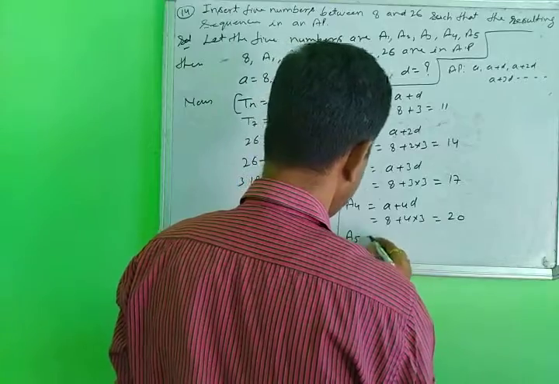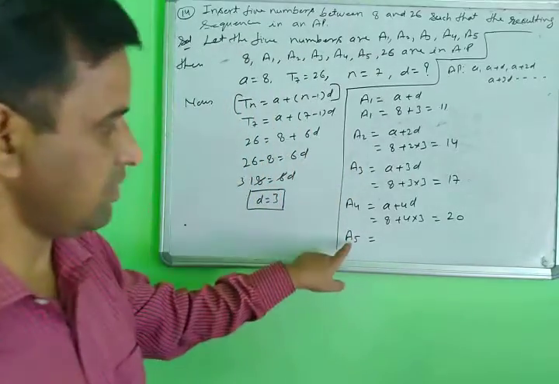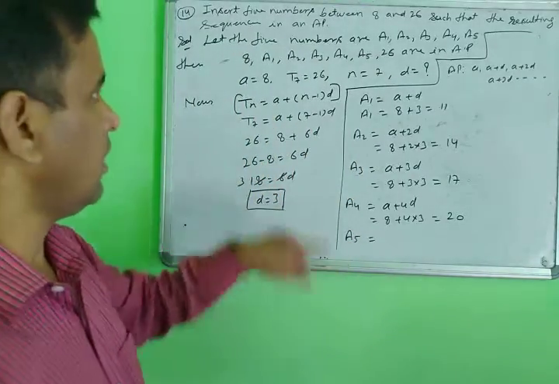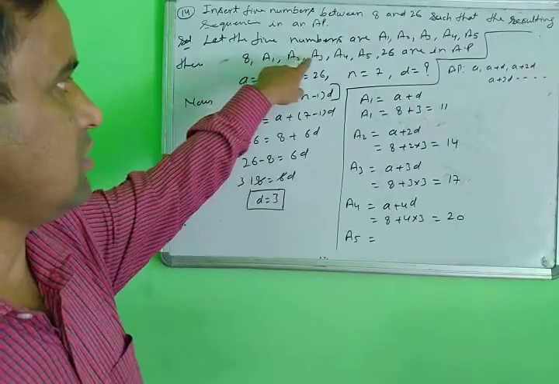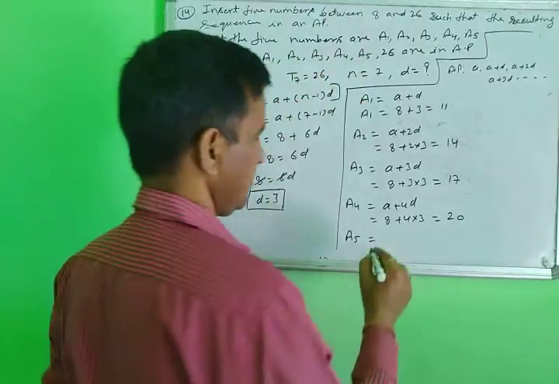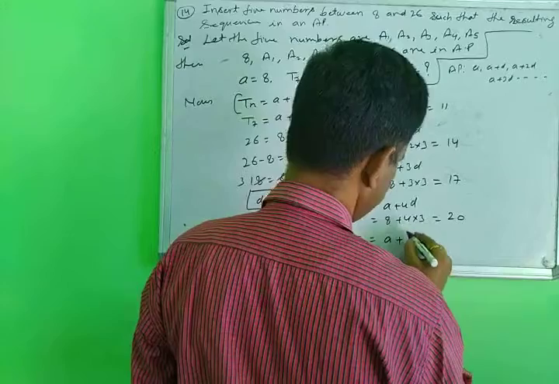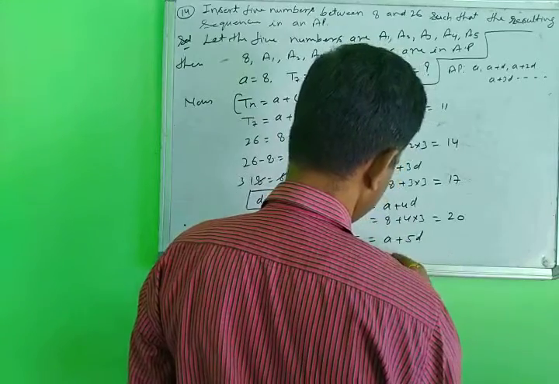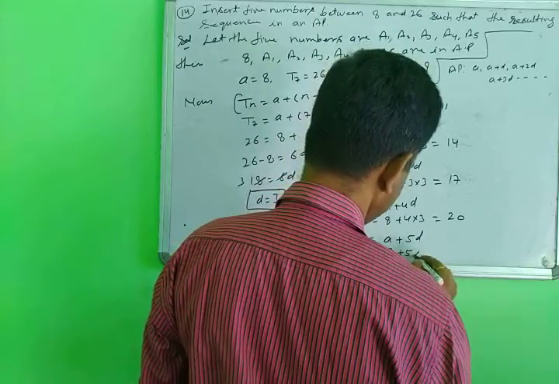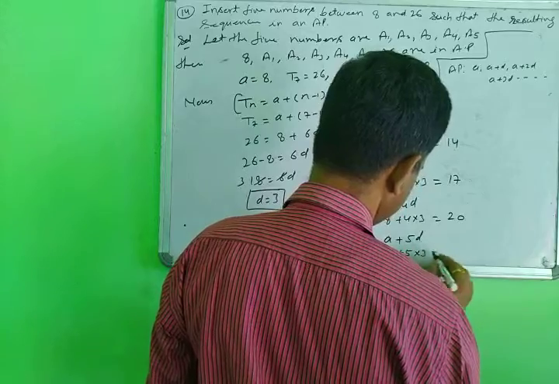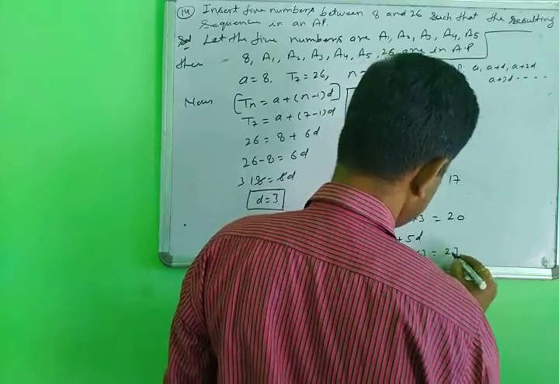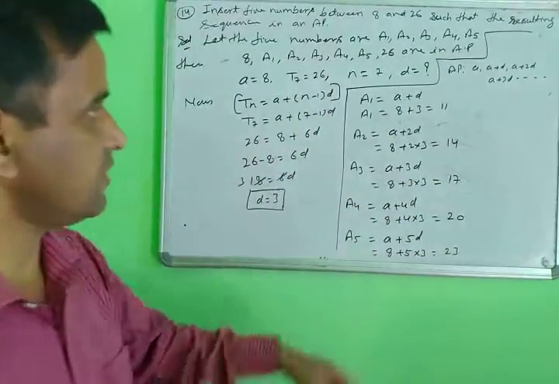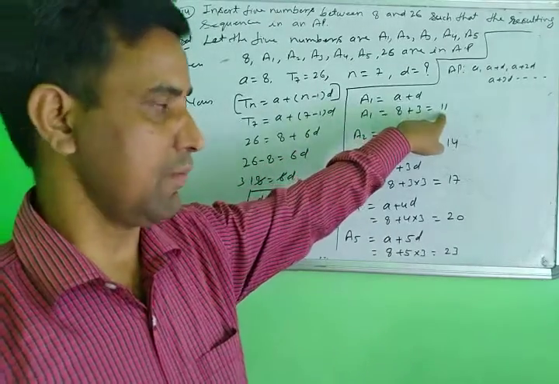This is the value of A5. Then 1, 2, 3, 4, 5, 6. This is the sixth term, A plus 5D. 8 plus 5 into 3 is 23.